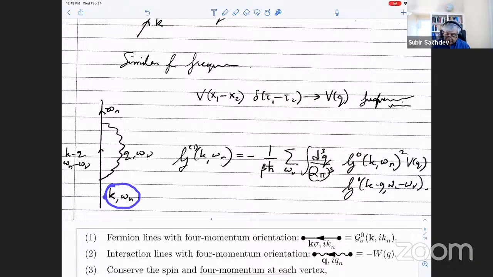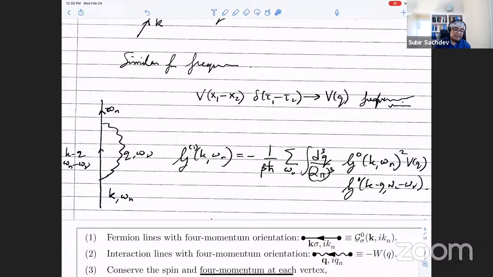There's a spatial momentum k and the frequency omega, and that's flowing down along. It's always oriented, even on the interaction line, even though we don't draw any arrows on the interaction line. So this line will give me a factor of G0 of k and omega. Okay, so it's flowing down, and then at every vertex, the current is conserved.